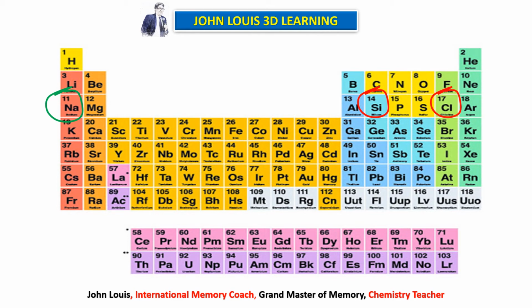So from this we understand that from sodium to silicon, the chemical reactivity goes on decreasing, and then from silicon to chlorine, it goes on increasing. Then the last element, argon, will not have any reaction because it is highly stable already. It will neither lose electrons nor gain electrons. The last group elements are inert gases, and they do not react because they all have 8 electrons in the outermost orbit.